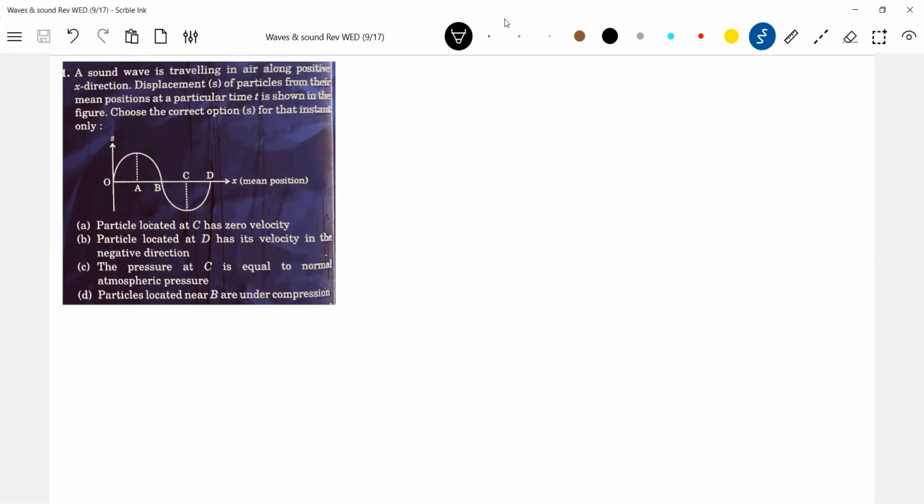This is not a traveling sound wave. It's a displacement as a function of time that is given. I think you recollect so many ideas will be there, no? Let me put that graph. A lot of information will be available.